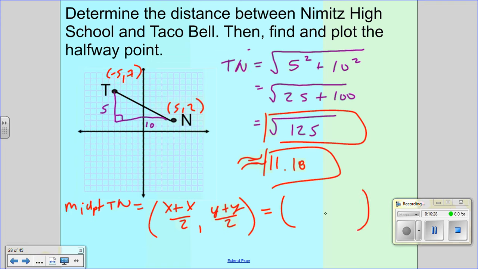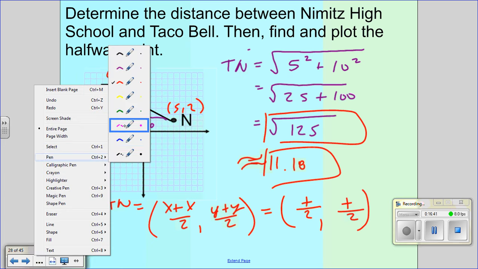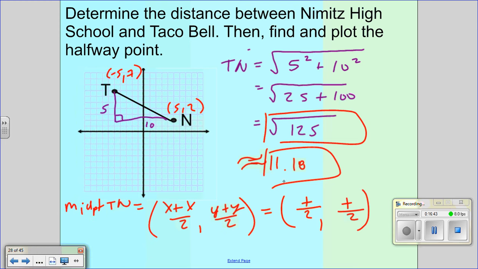All right, so the plus and the fraction will matter, but the x's, it doesn't matter the order, not at all. So as long as you just put them where they belong, x with x, y with y. So one of the x's is -5, the other one is +5. One of the y's is 7, the other one is +2.